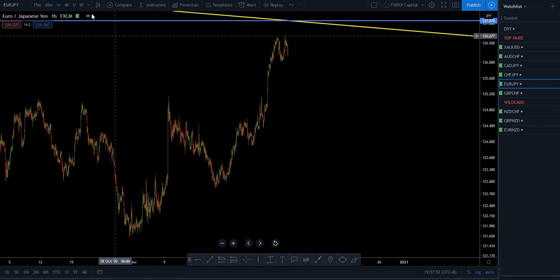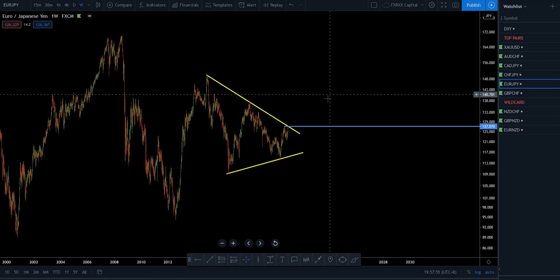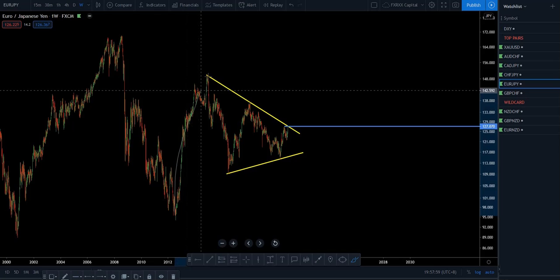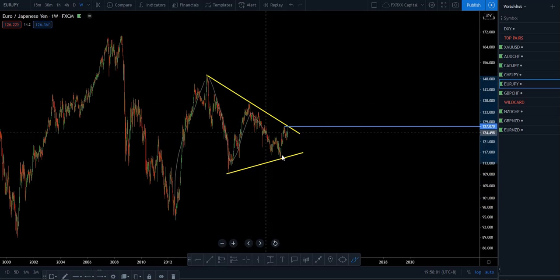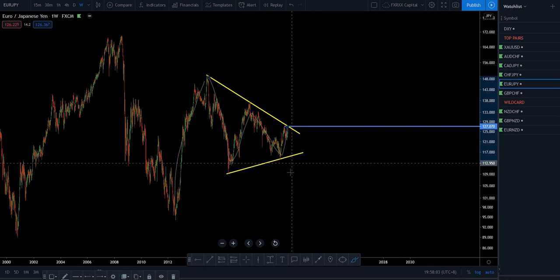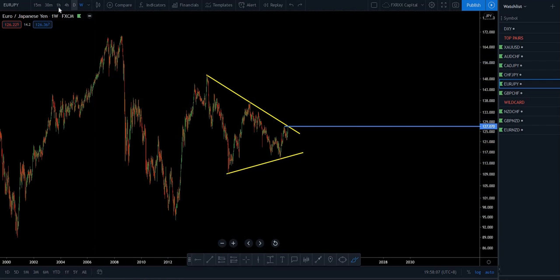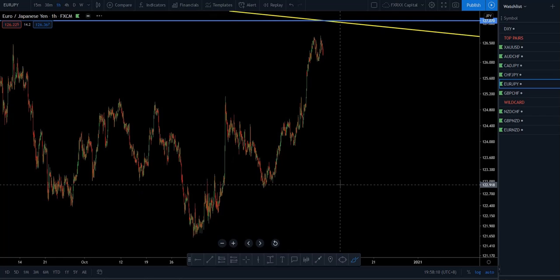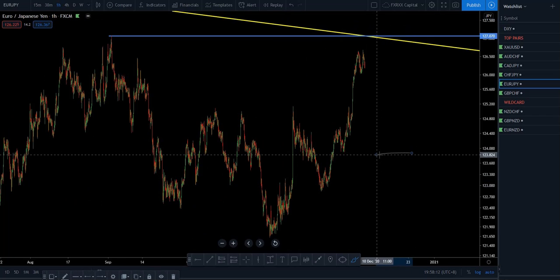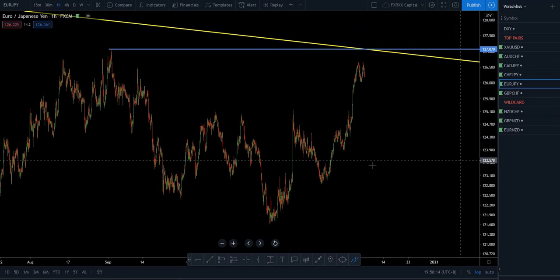Next we move to Euro Japanese Yen. Euro Japanese Yen, you can see price at quite a clean structure. It moved to the outside with impulsive move, squeeze in, and in lower time frame, if you pay attention, price almost created a double top and is approaching high probability area once again.